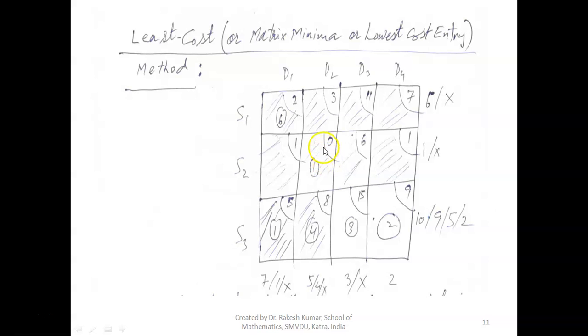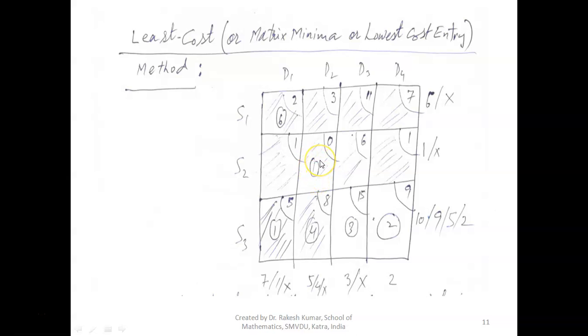So the cell having least cost is selected for transportation. The supply here is 1 and the demand is 5. Transport as much as you can to this cell, but I cannot transport more than 1. So the minimum of 5 and 1, that is 1, is transported here.